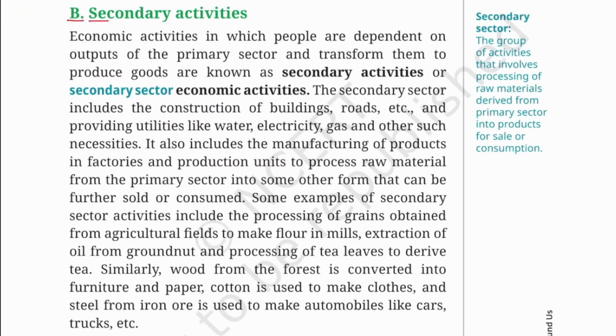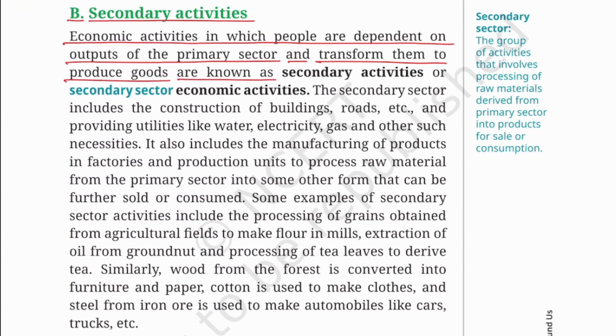B. Secondary activities. Economic activities in which people are dependent on outputs of the primary sector and transform them to produce goods are known as secondary activities or secondary sector economic activities.